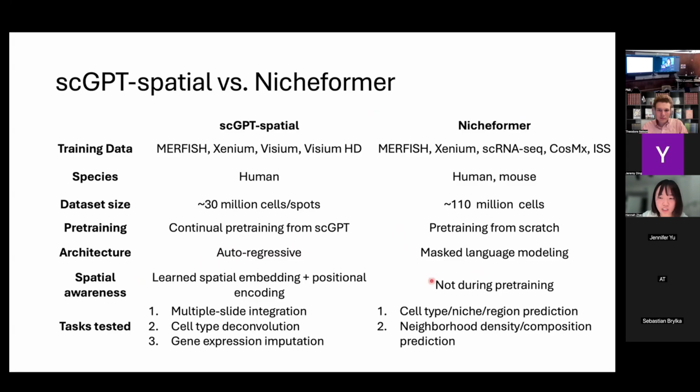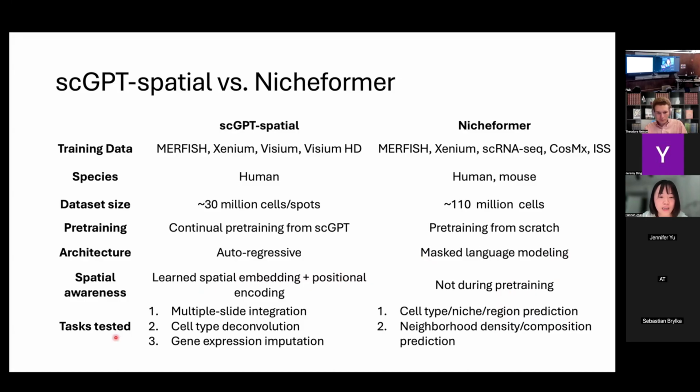For Nicheformer, it didn't incorporate any spatial information during pre-training. I was a little bit surprised, because this means that they take spatial data exactly the same as single-cell RNA-seq data, which is pretty odd, but they did use some of the spatial information during their downstream tasks.